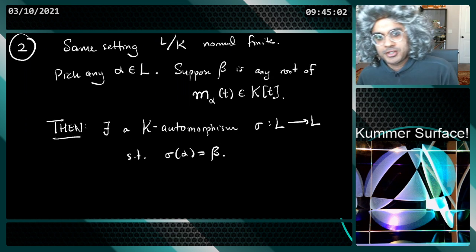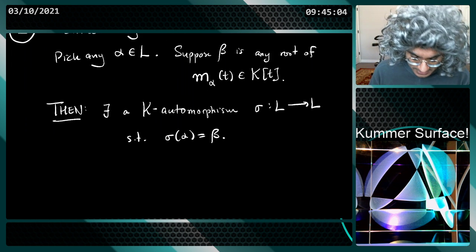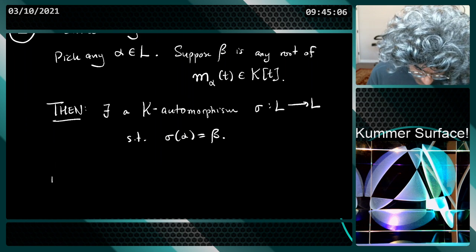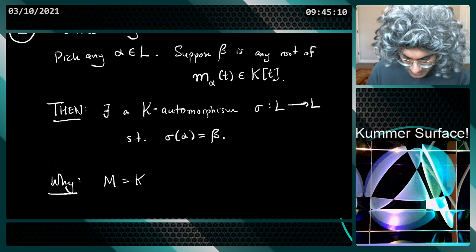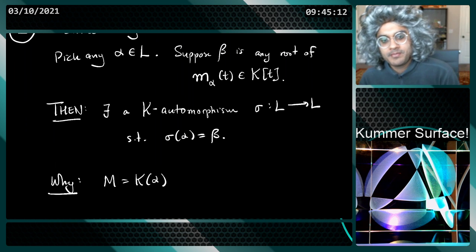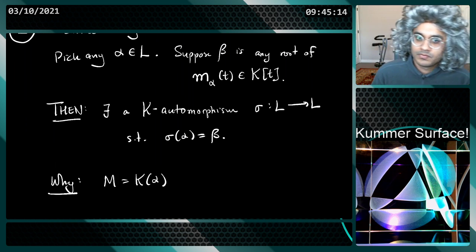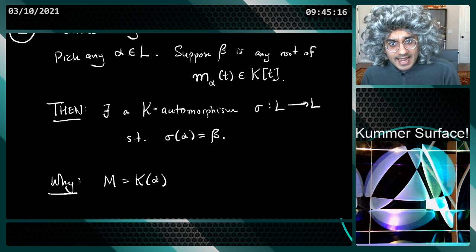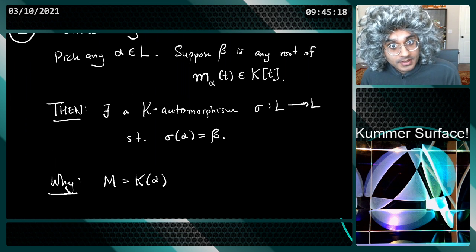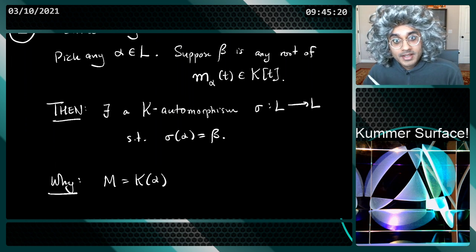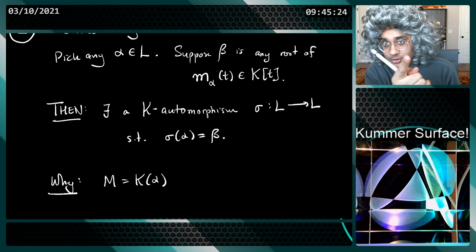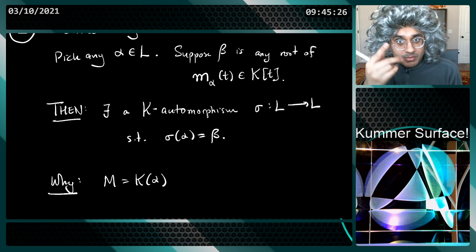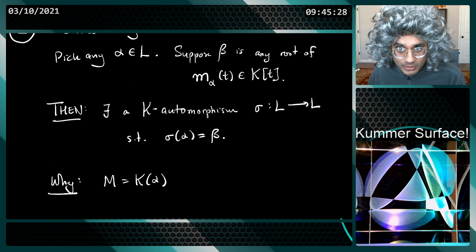Why is this a special case of the last one? Because you let M be this field, K adjoin alpha. Now, since L is normal, right? It's a comment. Since L is normal, this beta, this other root, is still in L. It could be somewhere else if L wasn't a normal extension.